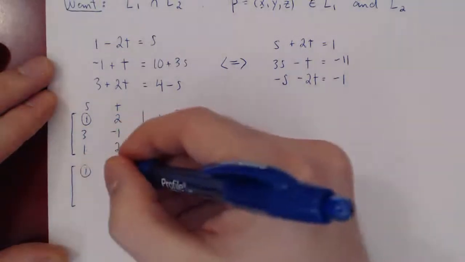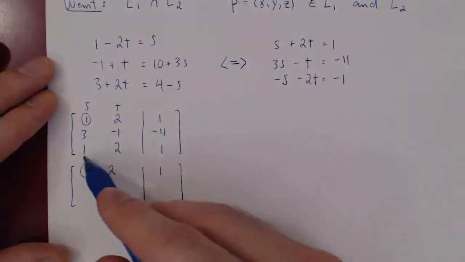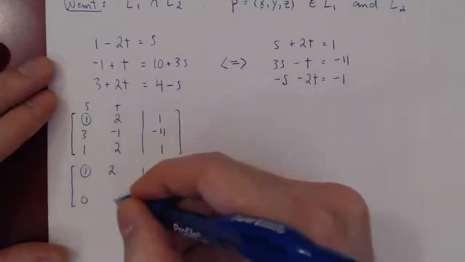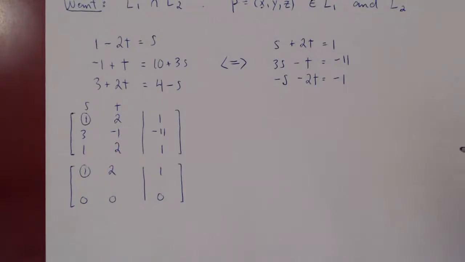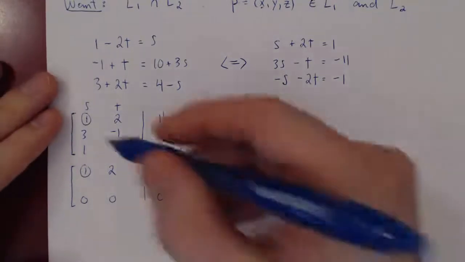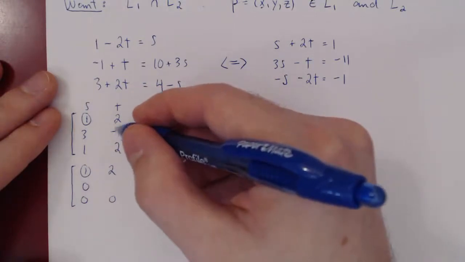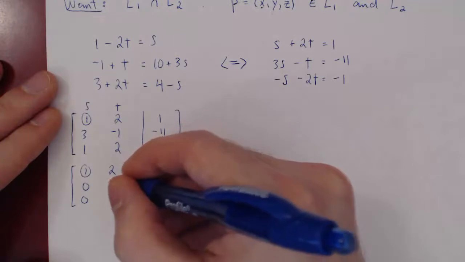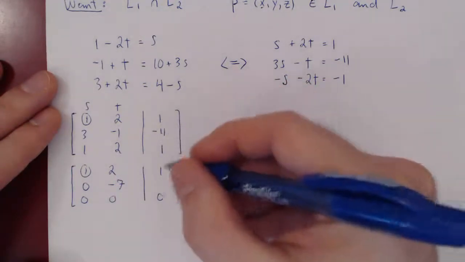We copy the first row, we're not changing it. Let's do the easier one first. Row 3 is equal to row 1, hence row 3 minus row 1 is 0. So this row becomes vacuous. It says that 0 equals 0, so we can drop it. 3 minus 3, 0. Negative 1, negative 3 times 2 is negative 6, negative 7. Negative 11, negative 3 is negative 14.